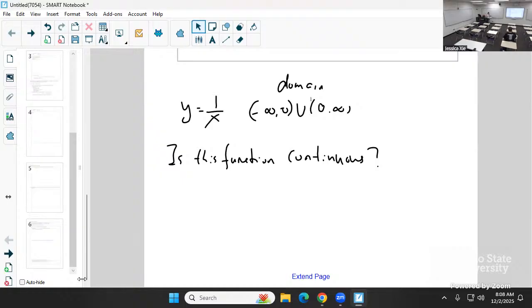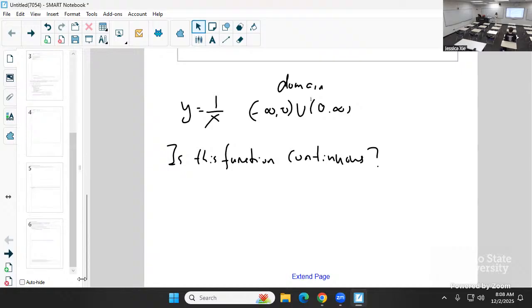This function is defined for all real numbers except 0. Is this a continuous function? Not continuous, because it's not continuous all over the real numbers, because at 0 there's like a jump, right?